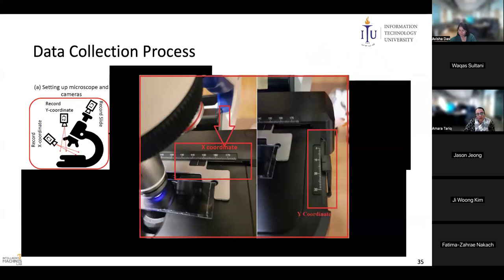So when we started collecting data, it was very, very hard to know exactly where that cell is. So what we did is that we have this setup. We have the microscope, then we have two cameras, 1 and 2 here, which are looking at the two scales, horizontal and vertical axis, and then one camera is above the microscope.